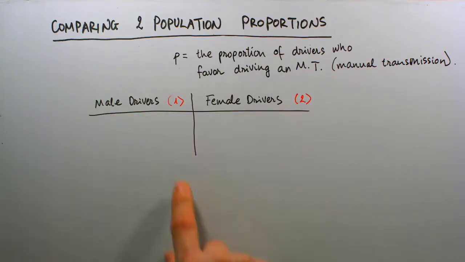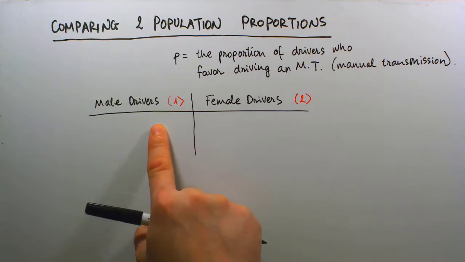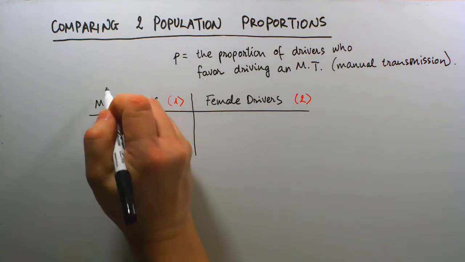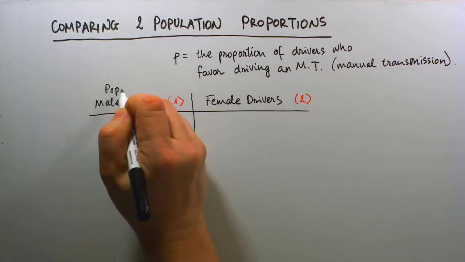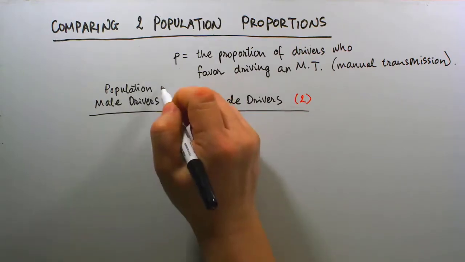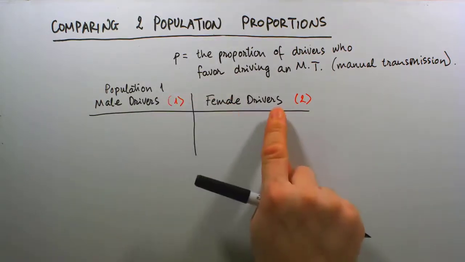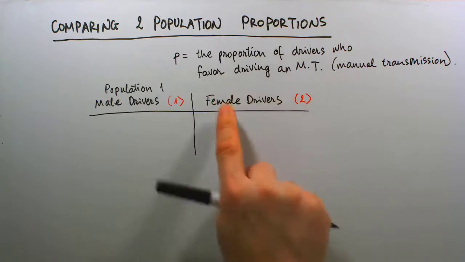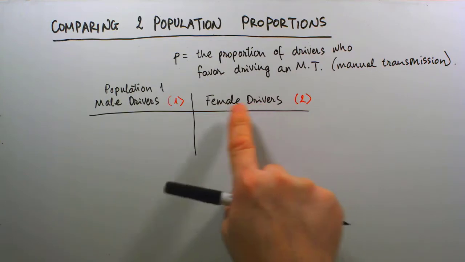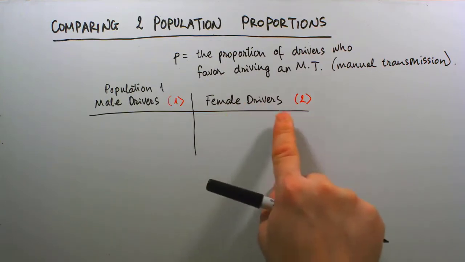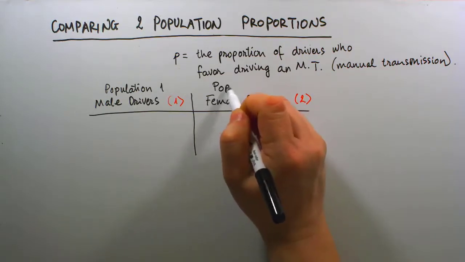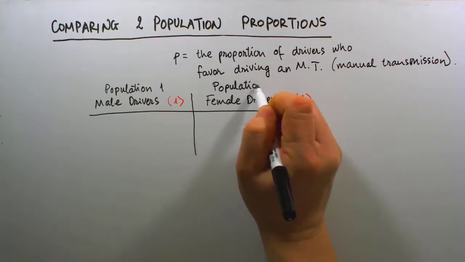Any later time when we're doing our work, we can simply refer back to the male drivers population as population 1 for short. That's the first impact. And the female drivers, instead of calling them with a long name like this, at any step in our work where we need to refer back to this population, we have a more convenient name, population 2.